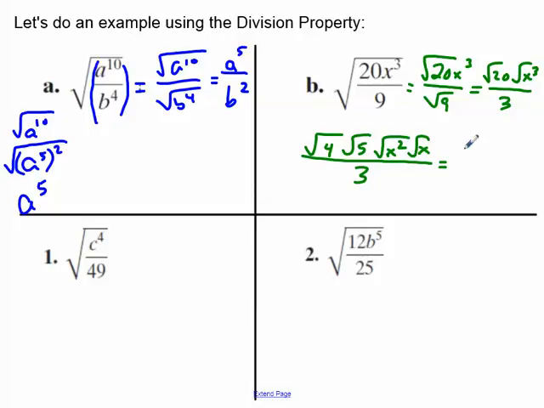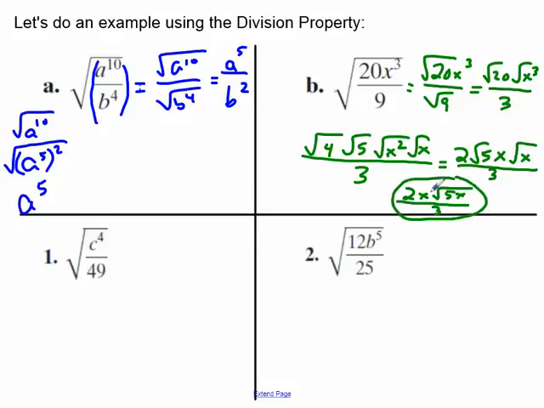Alright, square root 4 is 2, square root 5, square root x squared, square root of a perfect square, the base comes outside the house as x, square root of x stays as square root x, all over 3. Make it pretty. Combine things that are outside the house, 2x. Combine things inside the house, square root 5x over 3.